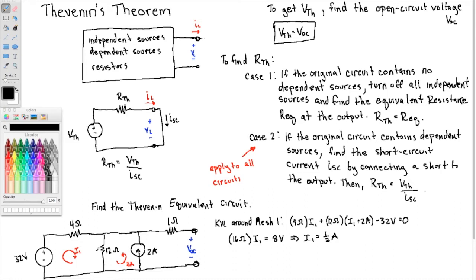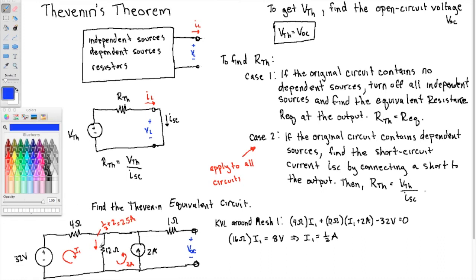Okay, so if I've got 1/2 of an amp swirling around mesh 1, and I've got 2 amps swirling around mesh 2, then notice that this current here is how much? That branch current. What is that branch current? Well, that branch current is 1/2 plus 2. Right, so that's 2.5 amps there.